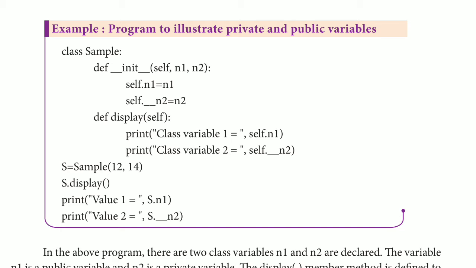Here they have created an init function, which means it is a constructor: def double underscore init double underscore (self, n1, n2). So self.n1 is equal to n1, self.__n2 is equal to n2. Inside this class they have created two variables, n1 and n2. n1 is a public one, but n2 is a private one, since they have used a double underscore before it.